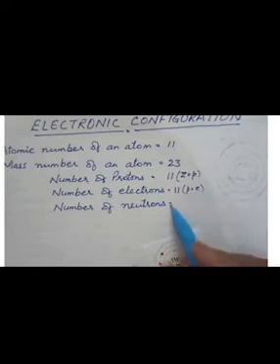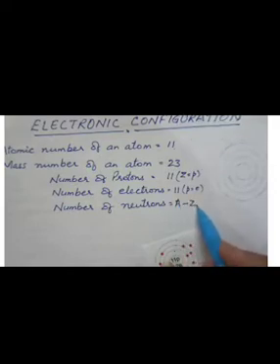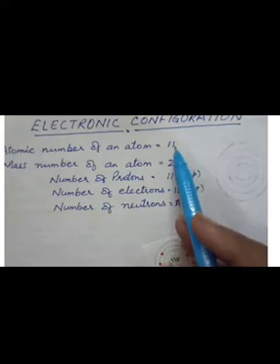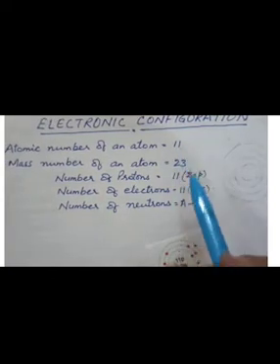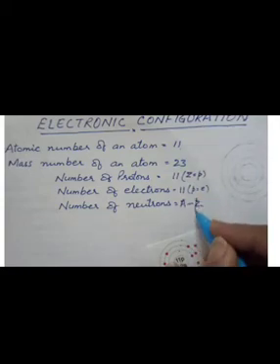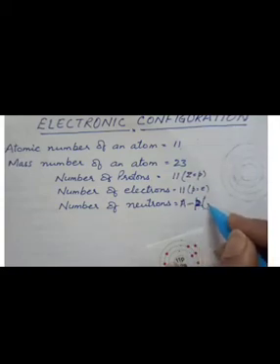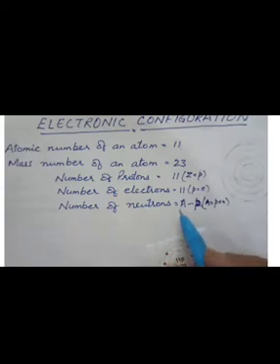And the number of neutrons, how many? That is your A minus Z, means mass number minus atomic number. Or simply you can say A minus P. Why A minus P? Because all of you know that mass number A is equal to P plus N, right? So N is equal to A minus P. So how much is A here?